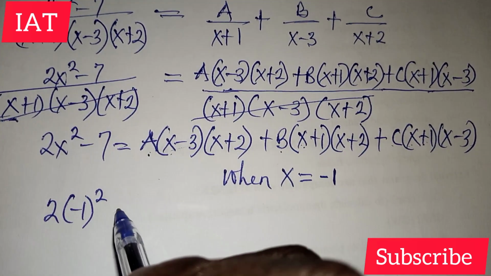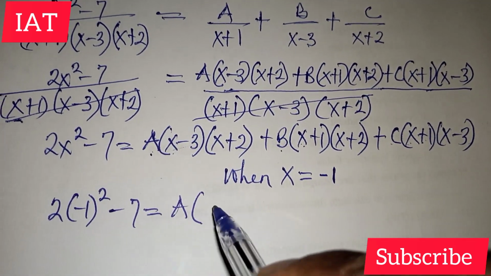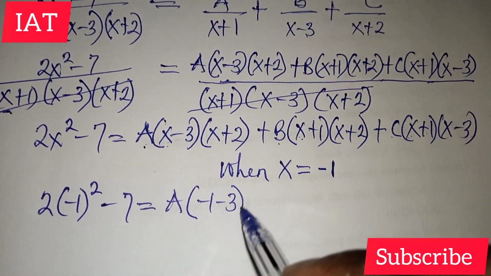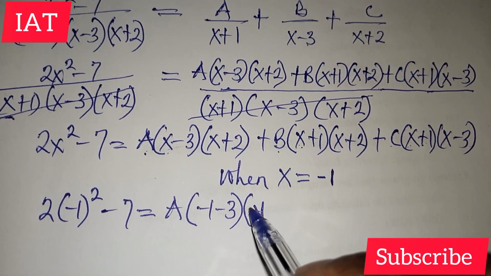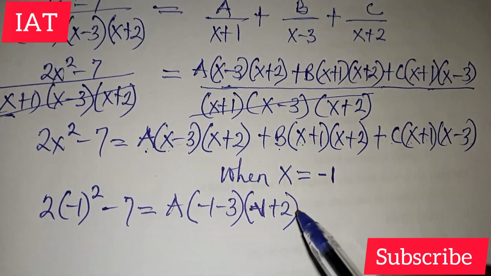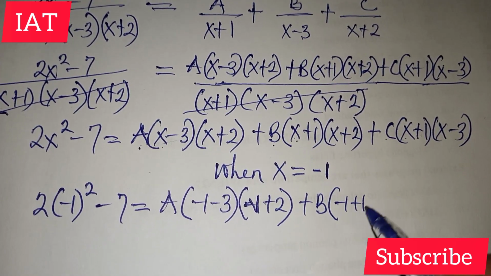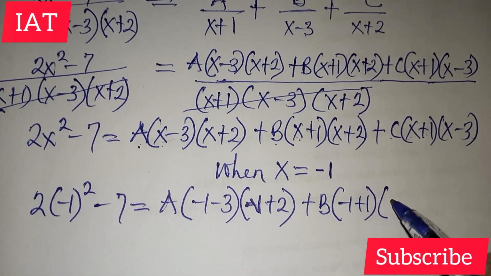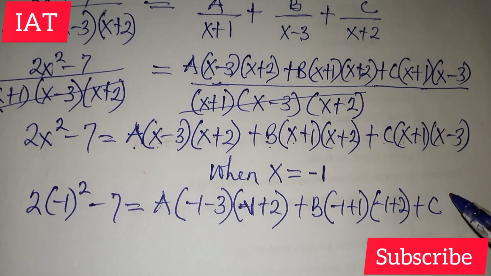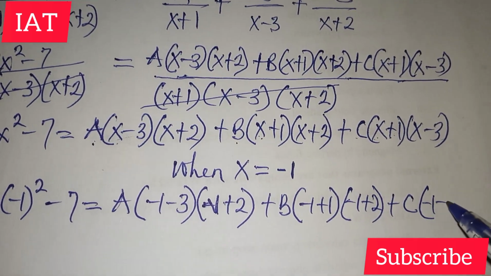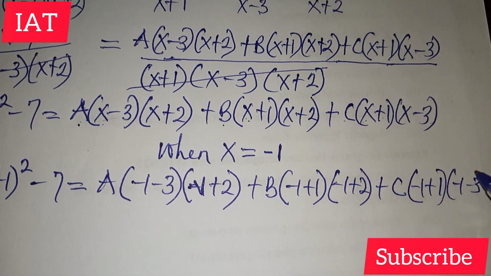So we have 2 into minus 1 all squared minus 7 equal to a into minus 1 minus 3, into minus 1 again plus 2, and then plus b into minus 1 plus 1, and we also have here minus 1 plus 2, plus c into minus 1 plus 1, into minus 1 minus 3.